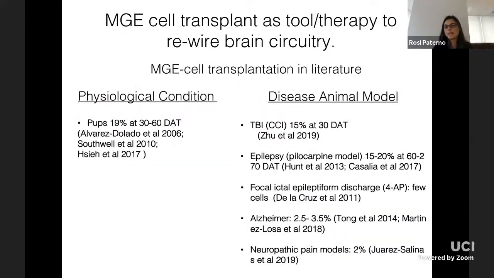This type of technique has been extensively used in the literature, in physiological conditions, in particular in pups, to study the properties of the MG cells: how they migrate, how they integrate, and so on. But it has also been used in different disease animal models as a tool or a therapy to modify the circuit.